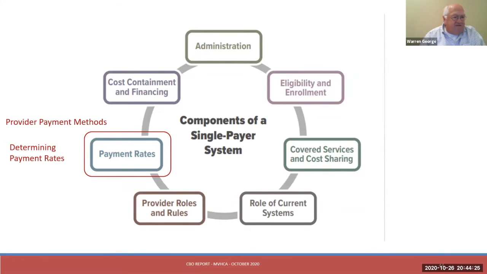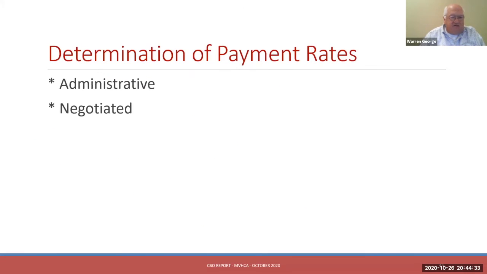The CBO identifies two ways of determining the amount of payment. One is administrative, that you just establish by law or regulation, not too dissimilar to Medicare and Medicaid. Or the other thing that you do is you negotiate with a set of providers. In the current US system, each individual private insurance company has to negotiate rates with every single separate providing organization.